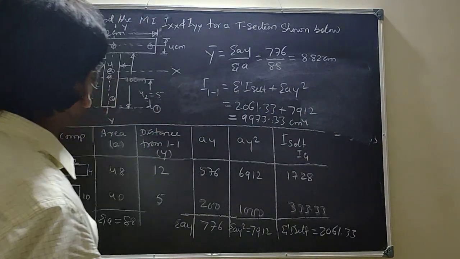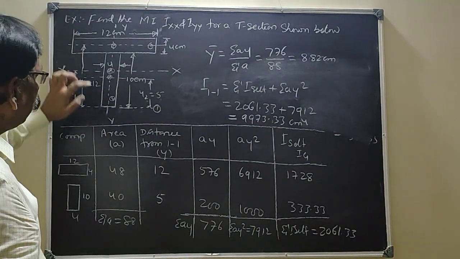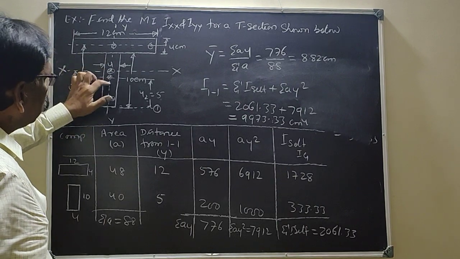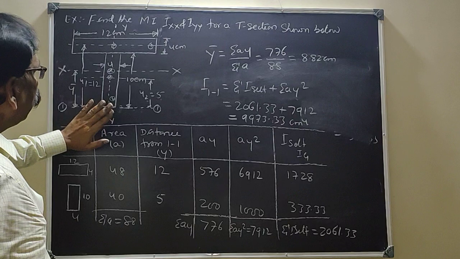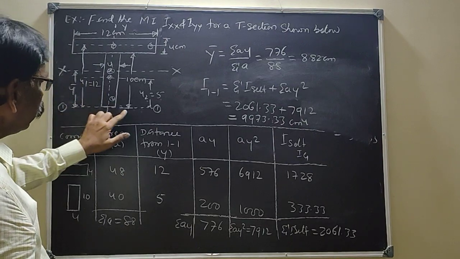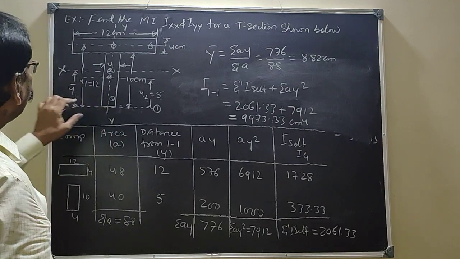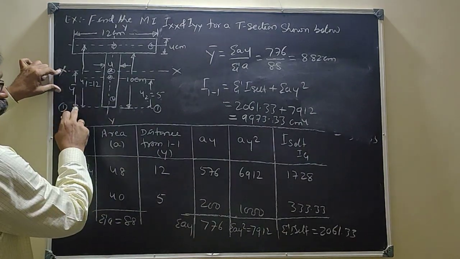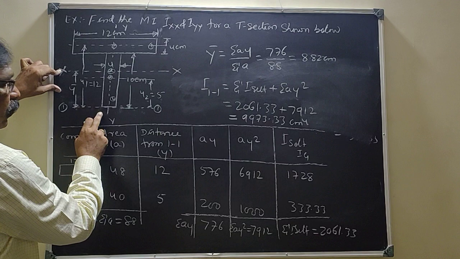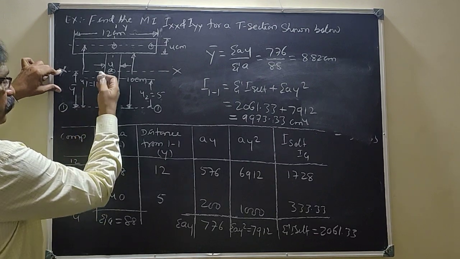That means we have got the moment of inertia of this about this axis. Now we want to transfer the moment of inertia about its central axis, which is at a distance y bar from this reference axis. That means again by the parallel axis theorem.